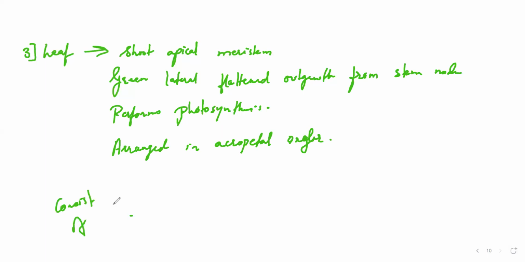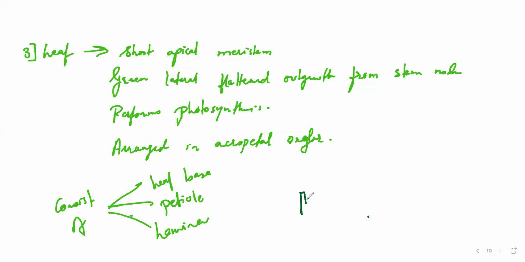Consist of 3 parts. That is a leaf base, a petiole, and a lamina. So now, how does this actually look like? So it's somewhat like this.